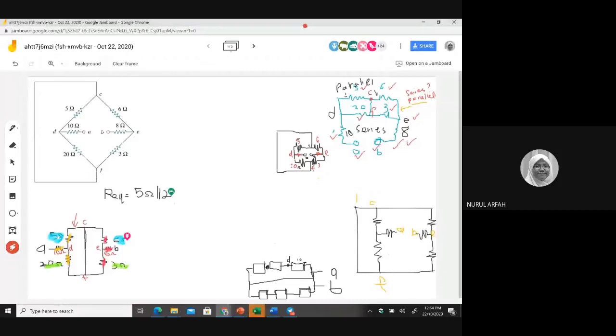Okay, since you know which one is in parallel and series, can you build up equation here or here? Okay, this one 5 with 20. Please, brothers and sisters, do not put unit in the equation. No, do not put a unit in the equation. Just the last final answer with the unit. Okay, good.